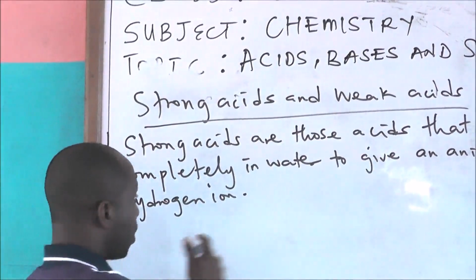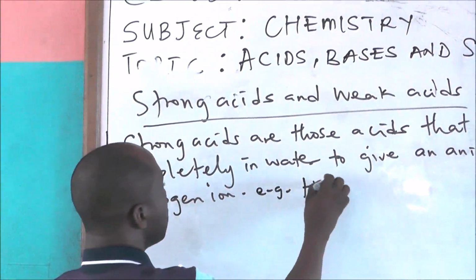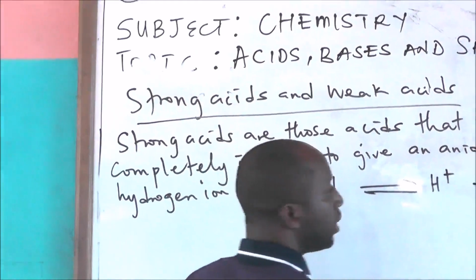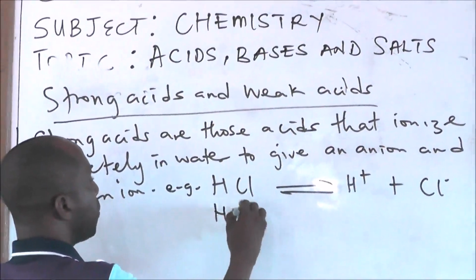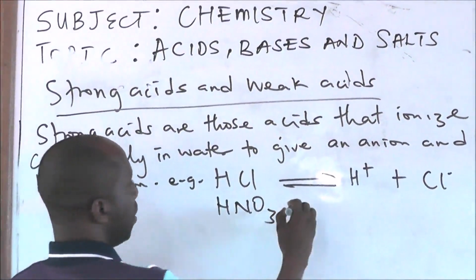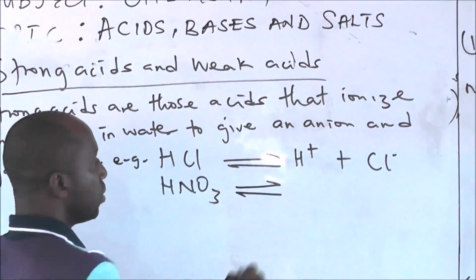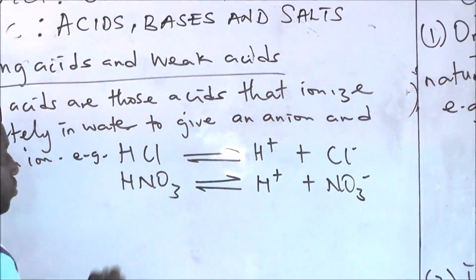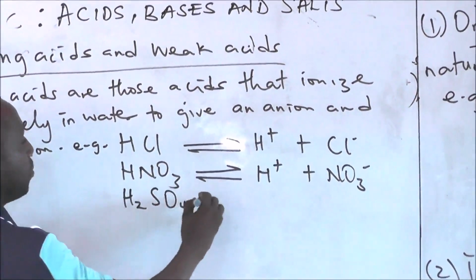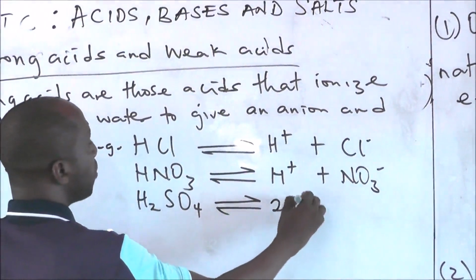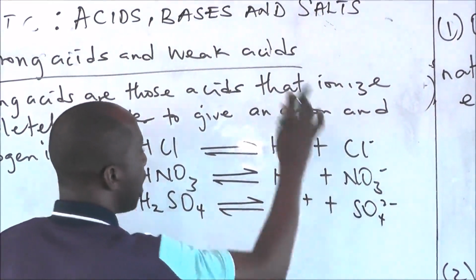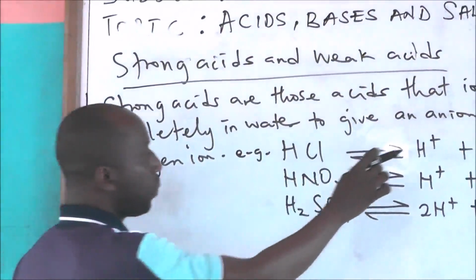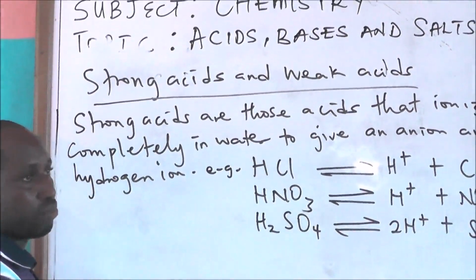For example, HCl will ionize in water to give hydrogen ion and the chloride ion. HNO3, that's trioxonitrate(V) acid, will ionize in water to produce hydrogen ion and the trioxonitrate(V) ion. Another one is H2SO4, which will ionize in water to give you hydrogen ion and tetraoxosulfate(VI) ion. These are strong acids because they ionize completely in water.